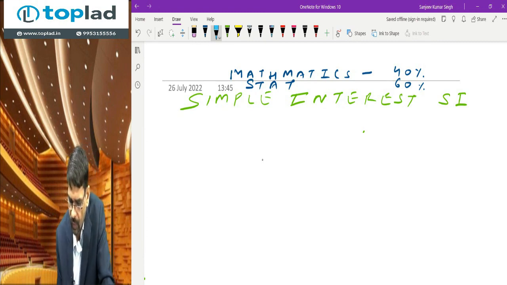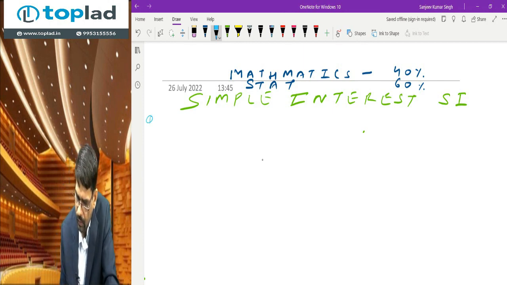So, question. Question, right, this language, this is good.